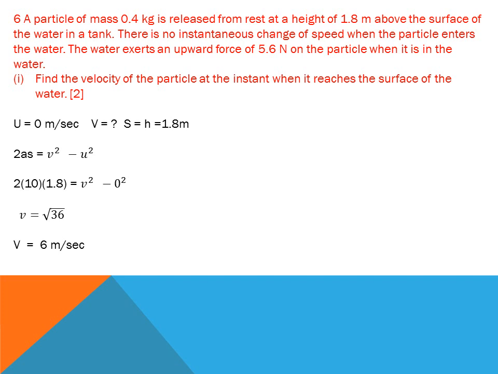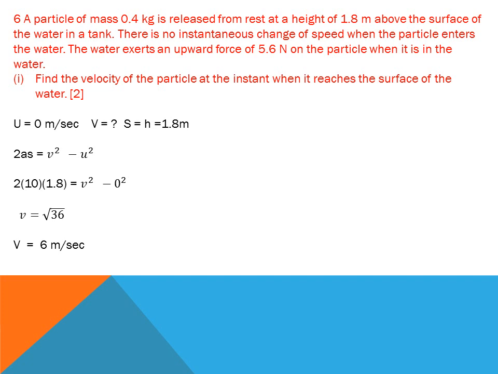It means the object is dropped from a height of 1.8 meter, it has mass 0.4 kg, and it is moving towards the water tank with an acceleration of 10 meter per second square. So the initial velocity of the object should be 0 as it is dropped from rest, and we will find the final velocity.